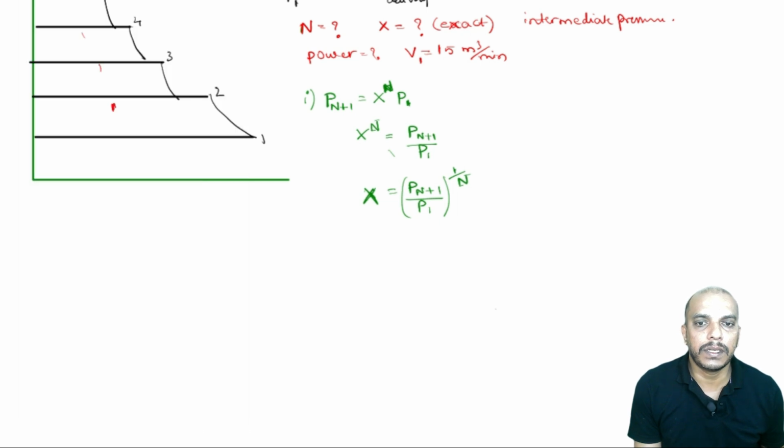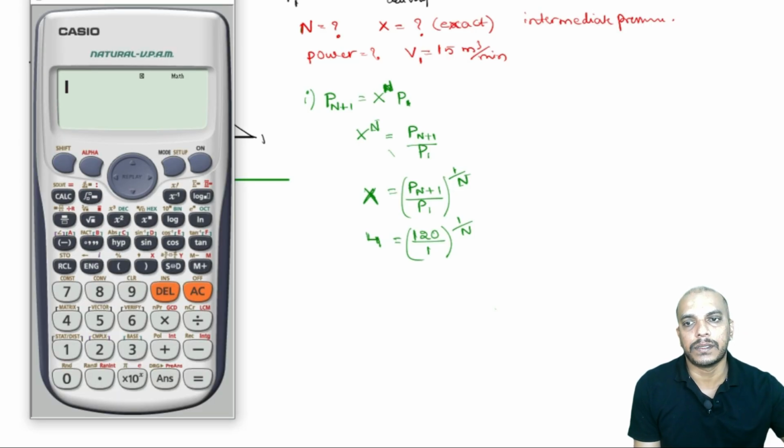Now, what is x has been given? We cannot exceed pressure ratio of 4, that has been given. So, we have to raise the pressure from 1 bar to 120 bar. So, this is also given. So, the only unknown is 1 by n. I think we will substitute and get the value of n, number of stages.